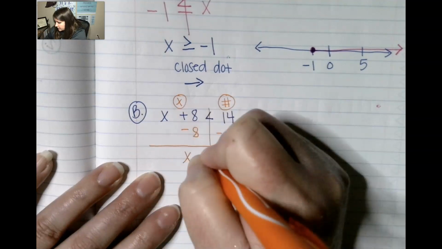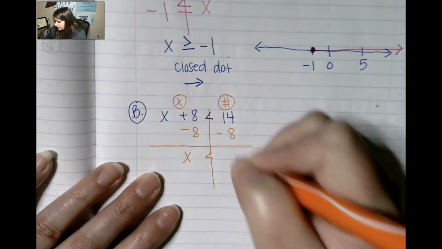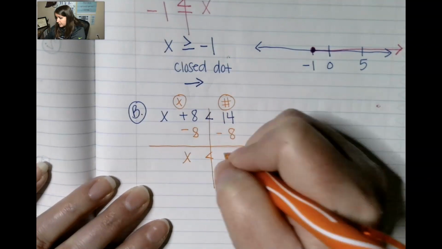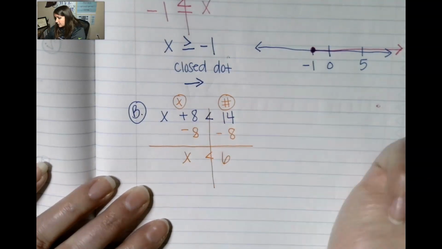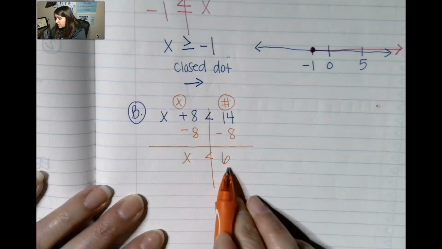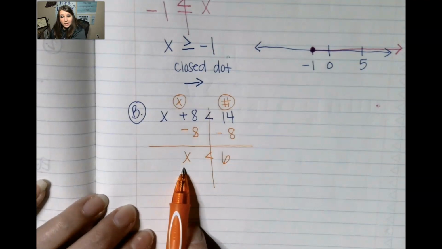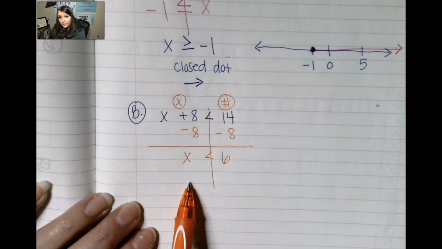Now it says x is less than, we have 14 minus 8, and that gives us 6. So x is less than 6. Again, the letter is on the left, so we don't need to do anything to this one. This one we can just go ahead and graph with the letter on the left.